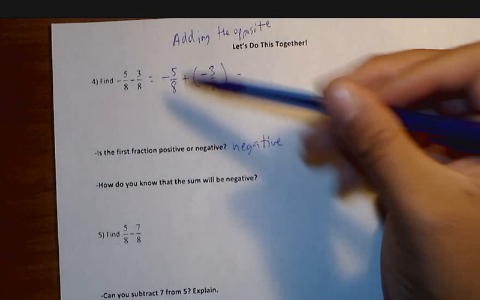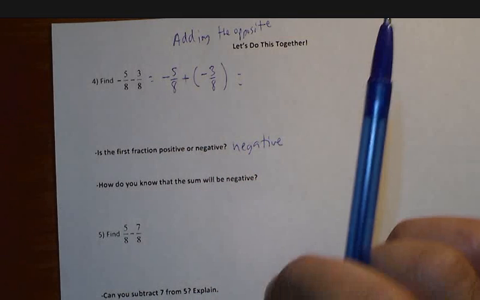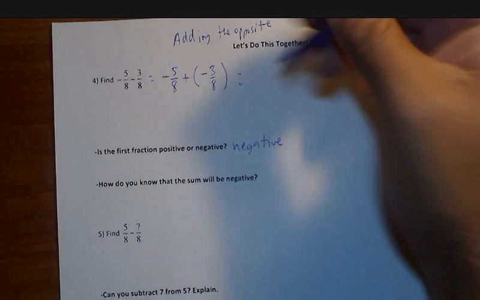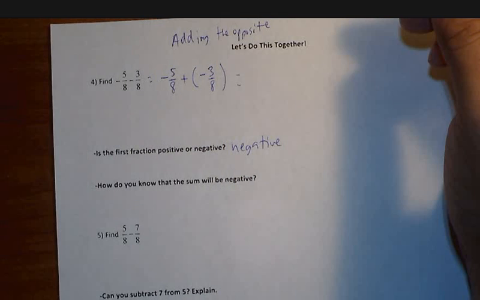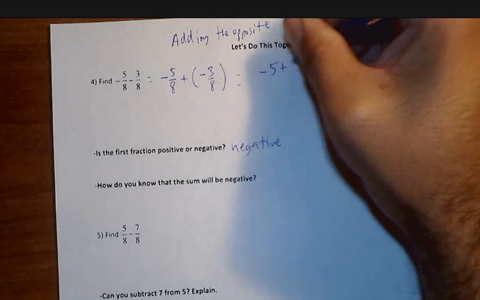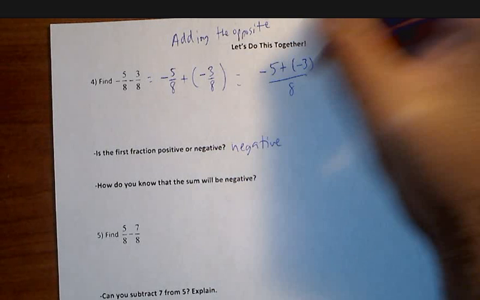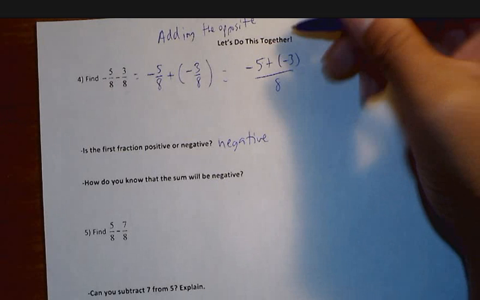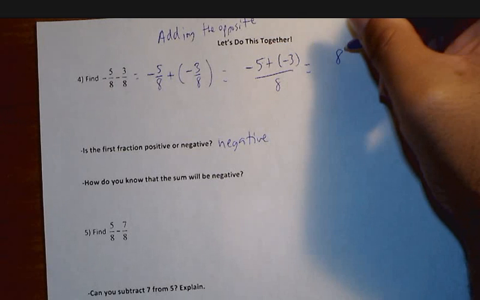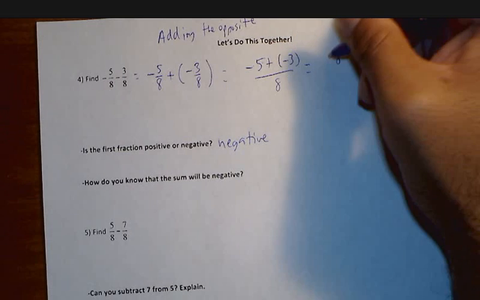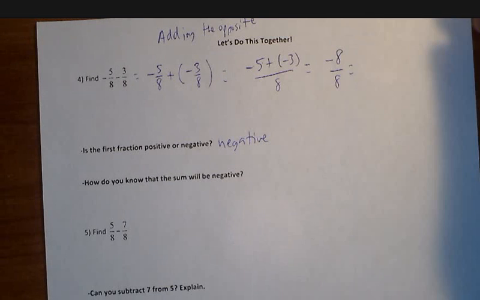We add the numerators together. Negative 5 plus negative 3 over 8. Same sign, add and keep. I get 8, keep the negative sign over 8, and I simplify. Negative 8 divided by 8 gives me negative 1.